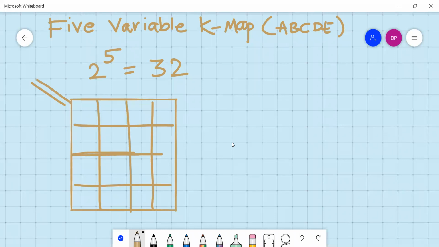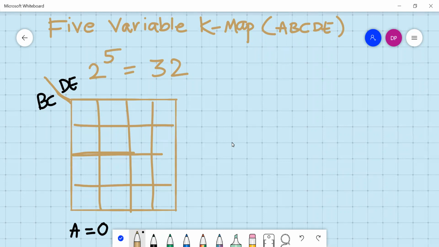Let me take BC and DE. This I am finding for A is equal to 0. This 16 cells are there for A is equal to 0.